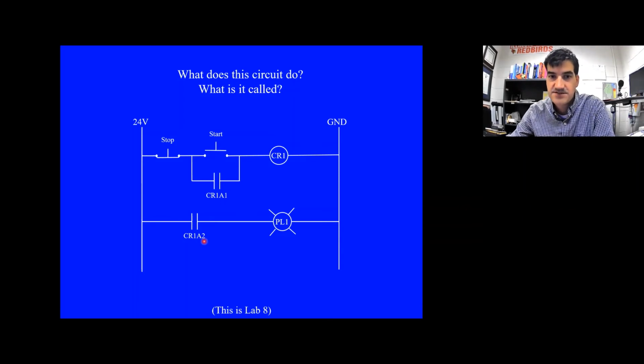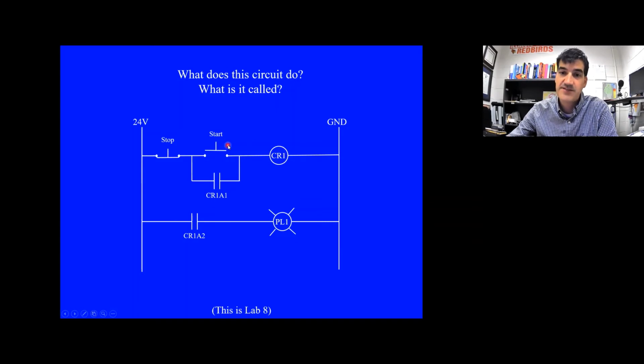All right, so when this energizes, CR1A1 will close, and simultaneously CR1A2 will close. All right, so in this top rung up here, once this closes, then I have continuity through here, which will continue to allow current to flow to the coil of CR1.